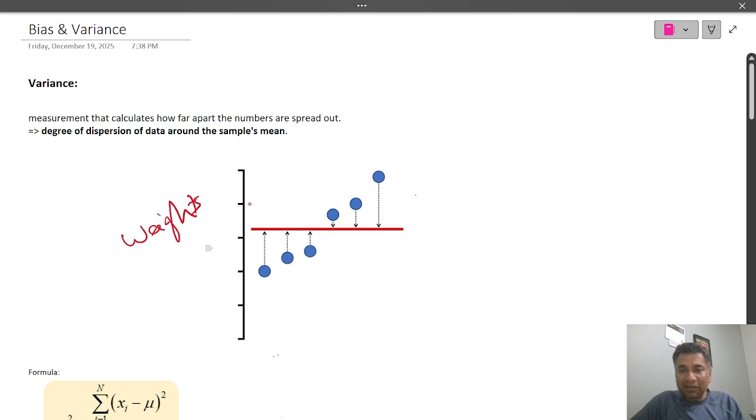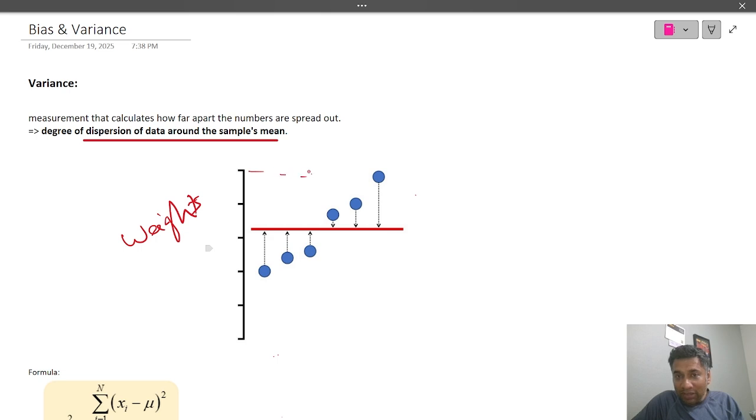Variance lets us know the dispersion of data around the sample's mean. This is very important. It tells us what the mean of the data is and how the data is spread out around this mean. If they are spread out very far from this mean, then it's a high variance. If they are close to this mean, then it's a low variance.